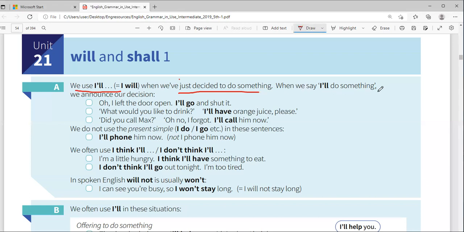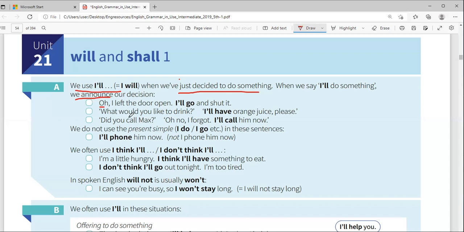When we say "I will do something," we announce our decision. For example, this man says, "Oh, I left the door open." And this other guy says, "Okay, I'll go and shut it." So when you say "I'll go," you are announcing your decision, isn't it? You're telling us now you're going there to shut it.